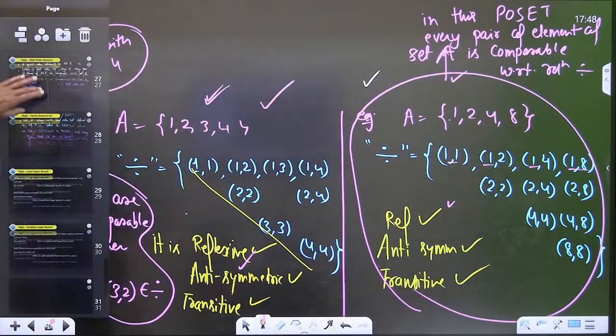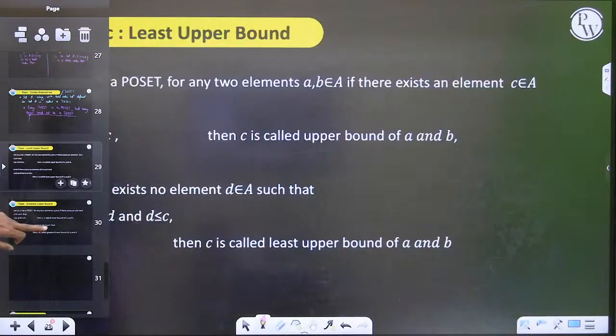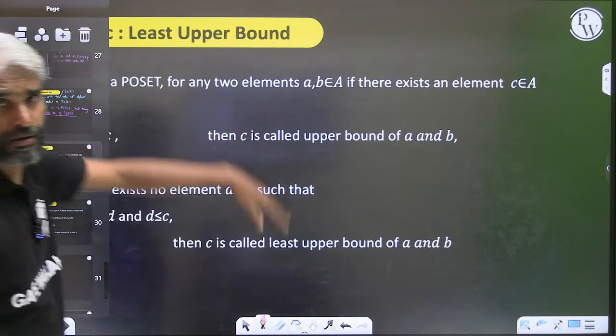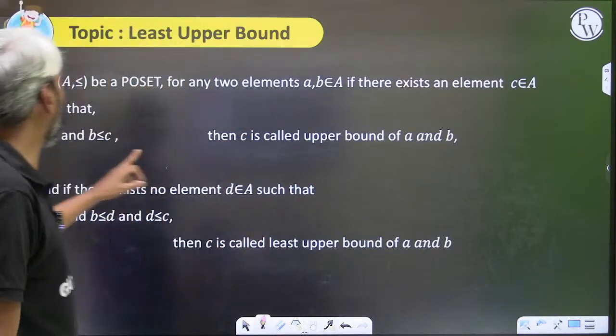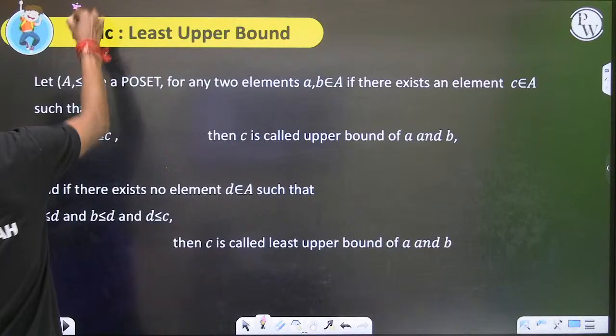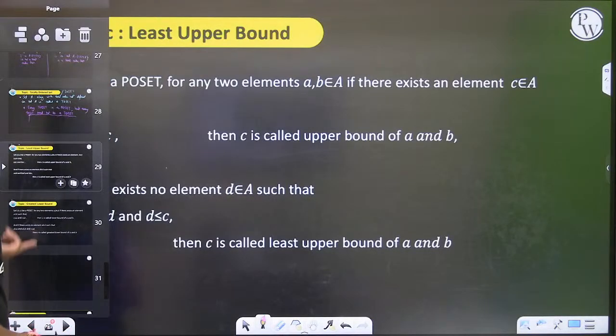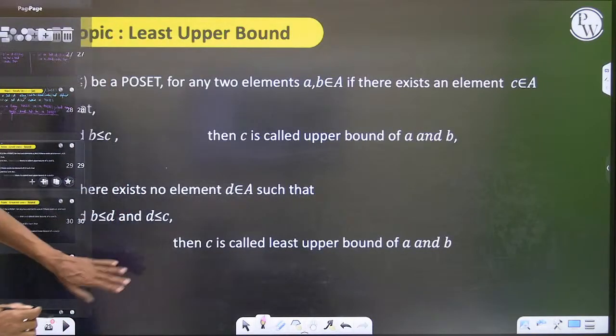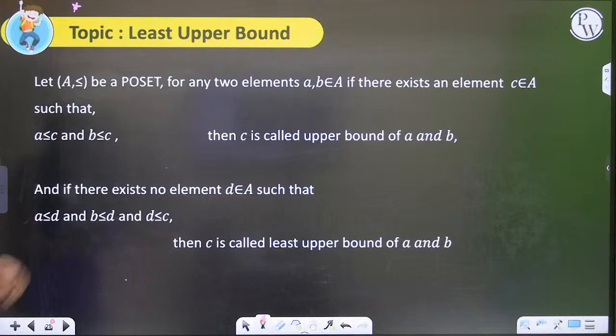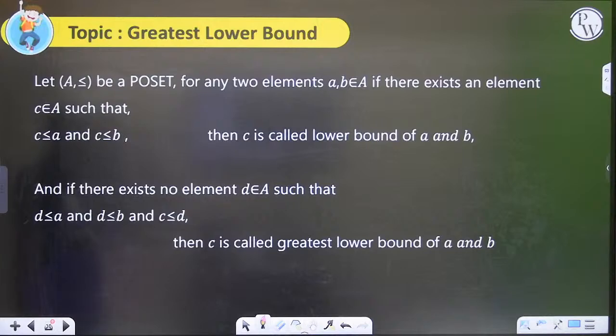So we have discussed some important things. Now these are two definitions for reading purpose. You just read these definitions and try to interpret them. You can take a screenshot, or pause and try. This is the definition of least upper bound, and this is the definition of greatest lower bound.